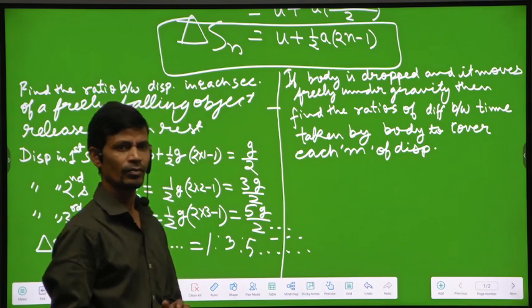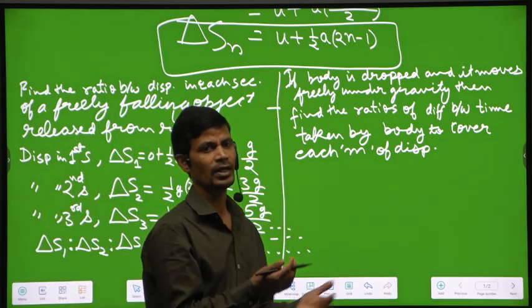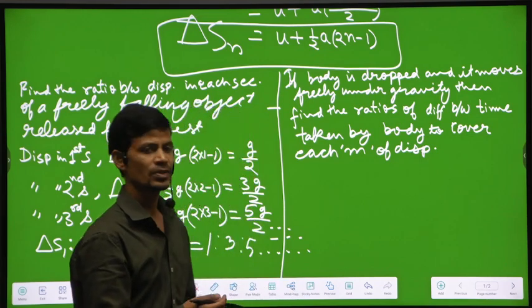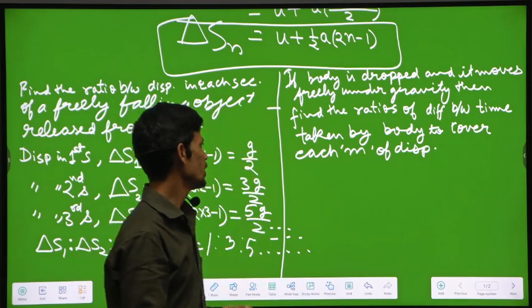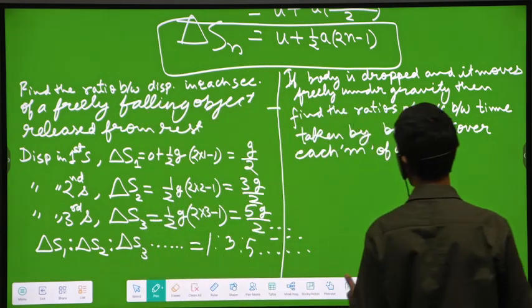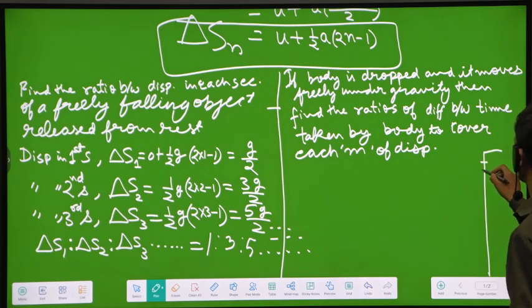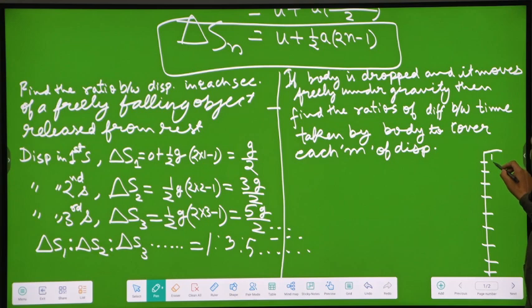So now we will shift our focus from displacement to time, and again the body is freely falling. Let us suppose this multi-story building has been divided into 1 meter demarcations. That's silly to hear, but suppose it is something like that.